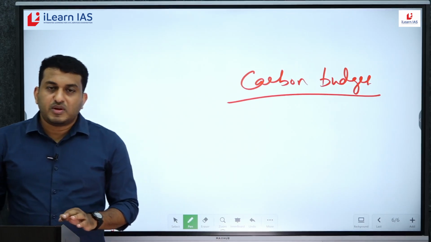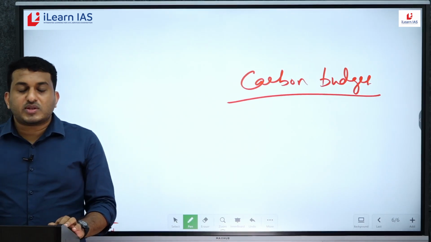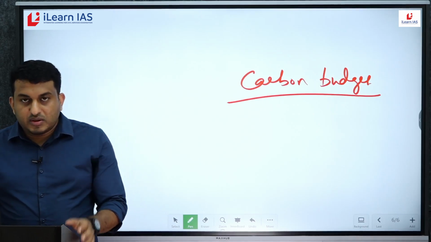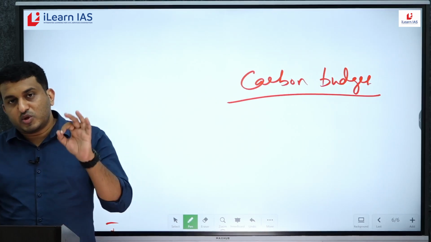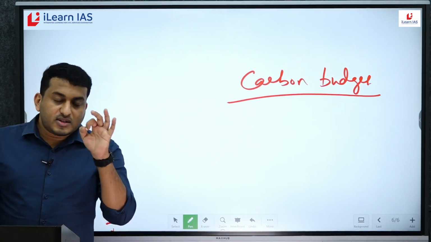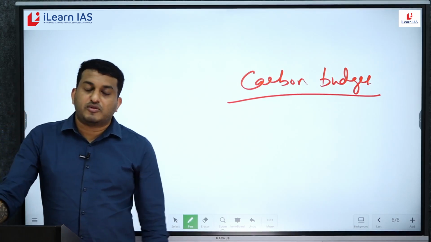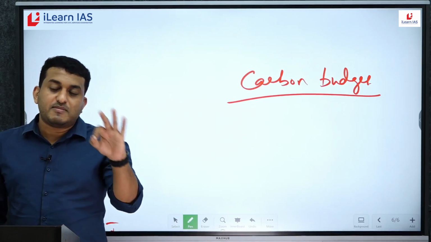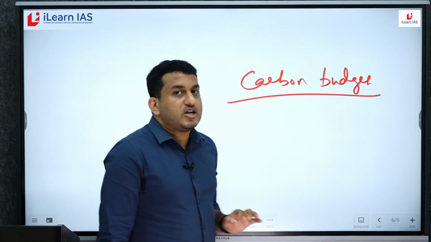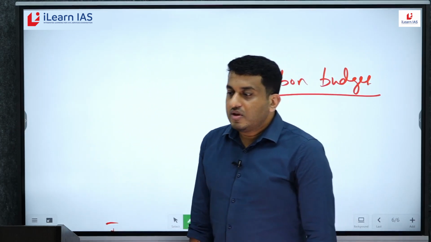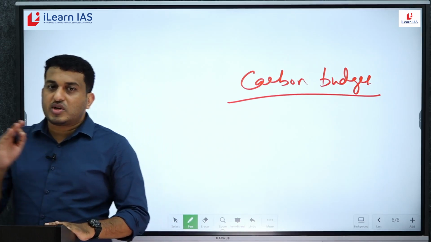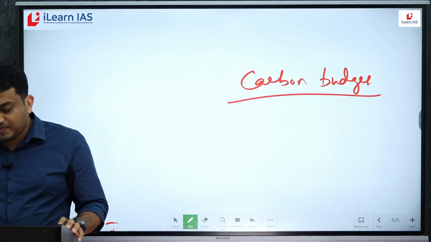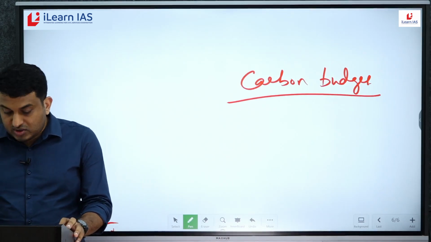Carbon budget means the amount of carbon dioxide emissions which we can emit while still having a likely chance of limiting global temperature rise to 2 degrees Celsius above pre-industrial level. So how much carbon dioxide can we emit? That is what we call the carbon budget.